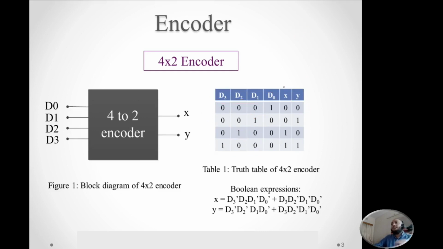Now let's consider you have 3 input lines. That means you will get 3 patterns, and for 3 patterns we can't use 1 bit, because with 1 bit we can only represent either 0 or 1, so we have only 2 patterns.